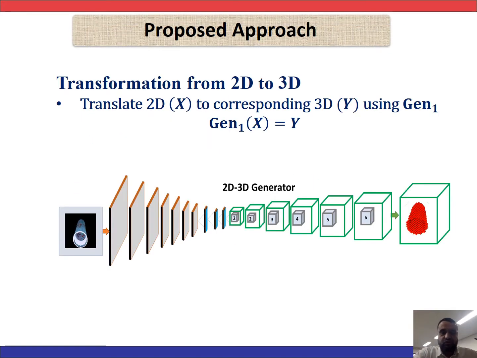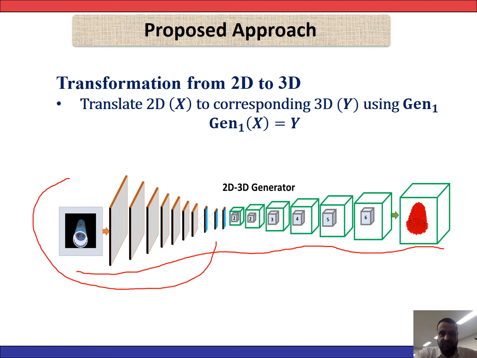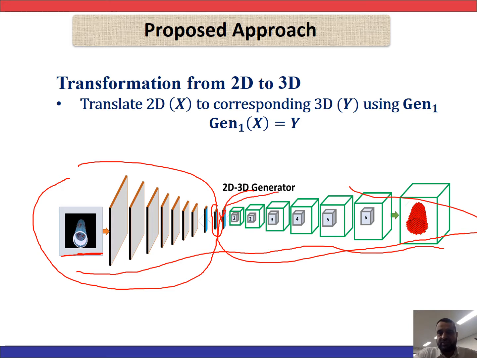I will go through this 2D to 3D transformation network in a stepwise manner. So this is the generator part of this network. This is the encoder part, and this is the decoder part. The encoder part takes a 2D image as input, and encodes it to its latent representation, and then we use this latent representation to generate back the 3D object of this corresponding 2D image.